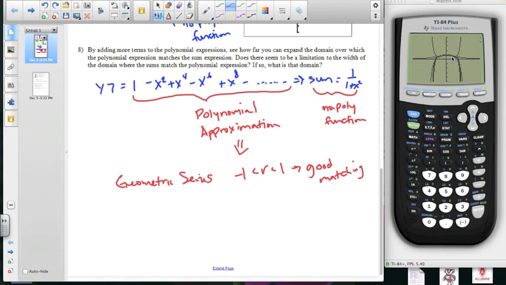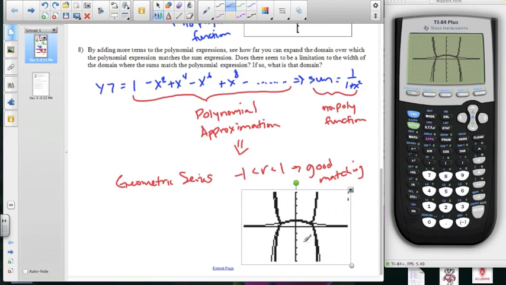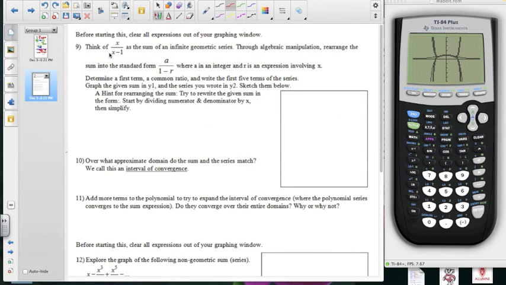And so then, we take a look at this and we say, well, are there other non-polynomial functions that we can approximate with polynomial expressions? And the answer to that is, yeah, there's lots of them that we can use polynomial approximations for approximating these non-polynomial functions. So if we look at this sum, which is definitely non-polynomial, and we think of this function as a sum for a geometric series, let's try to get it into this form.